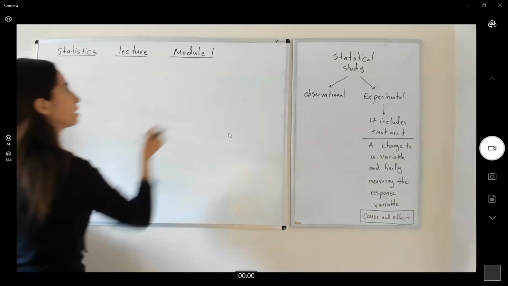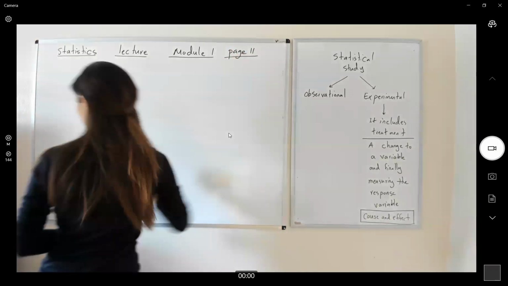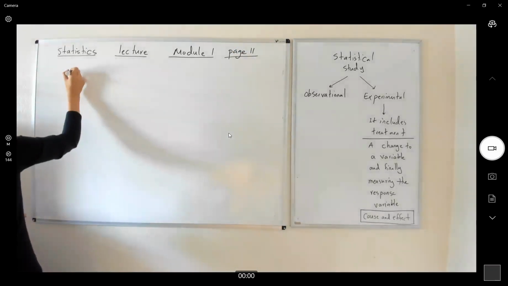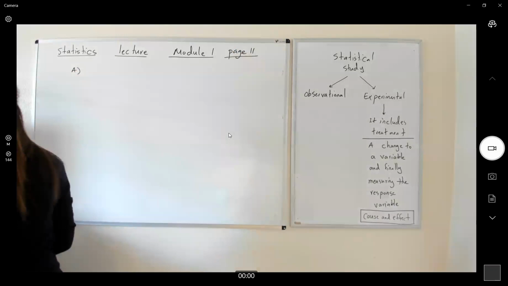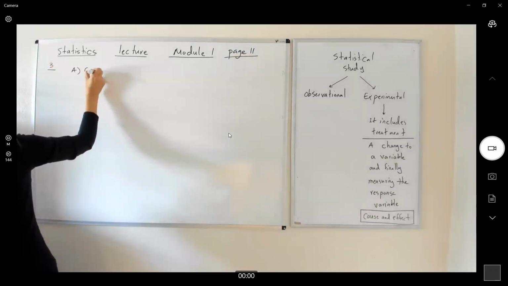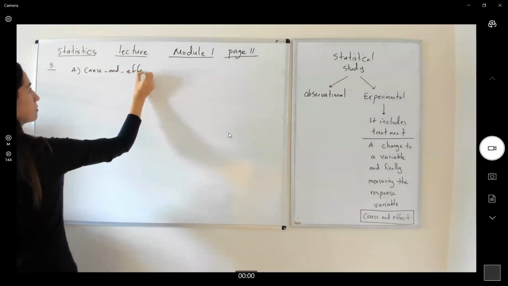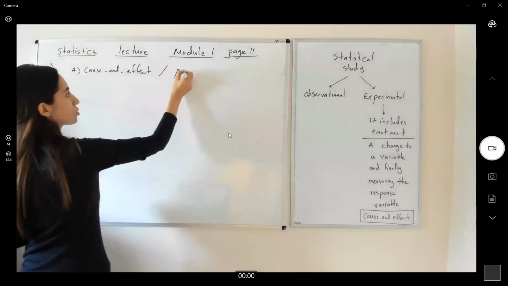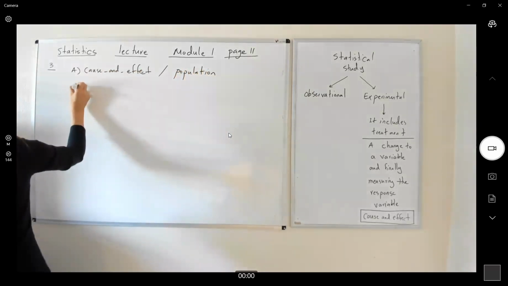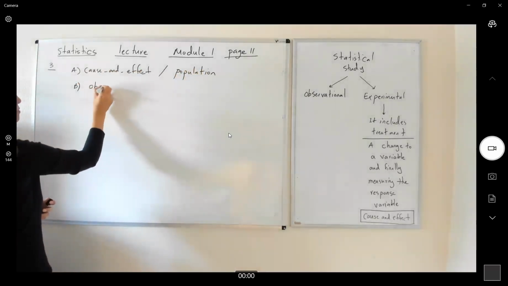We are on page 11. So first of all, is this a cause and effect question or is this a question about population? B, observational or experimental?